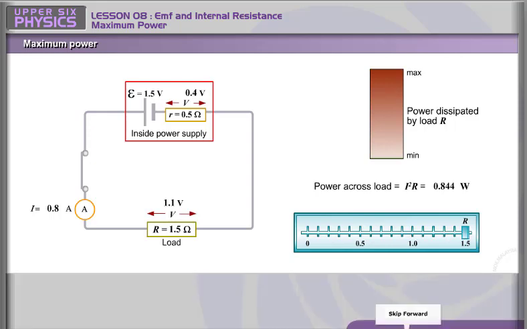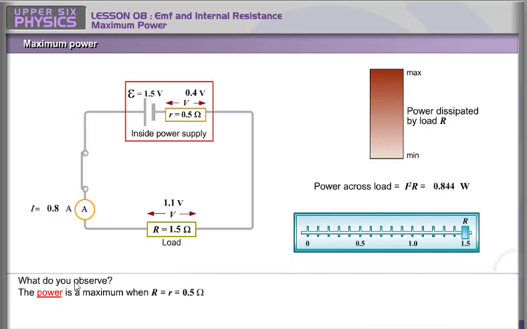Why is it like that? So what do you observe? Power is maximum when R equals small r. Please note this down, because sometimes they ask you to calculate the maximum power. You get the maximum power when your outside resistance, which is big R, is equal to the internal resistance, small r.